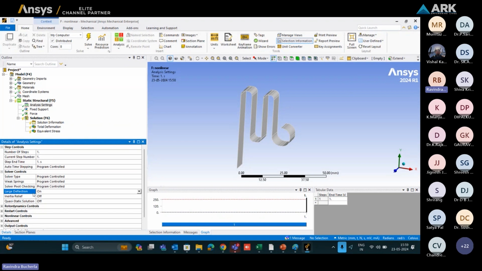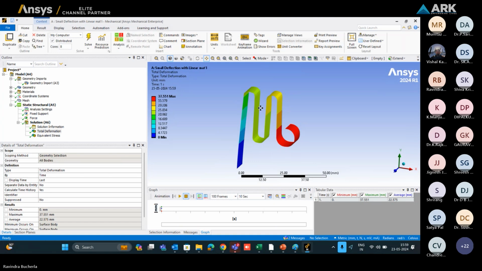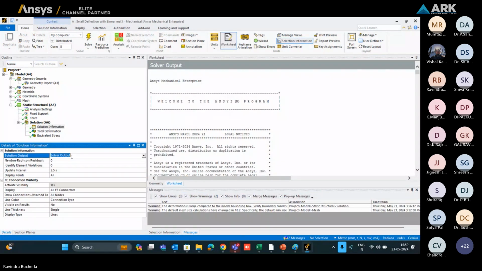If you don't enable large deflection on, the stiffness will be constant. If we enable it, the stiffness K will change, like this is K1. So if you go to solution information here, you will not have any data related to force convergence, moment convergence, or displacement convergence, because this solution didn't go in an iteration manner since the stiffness K is constant.